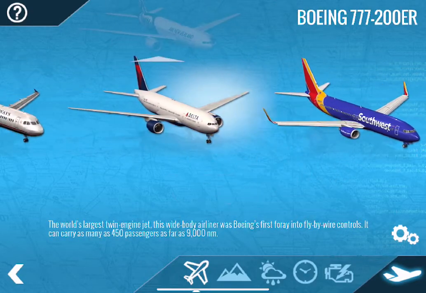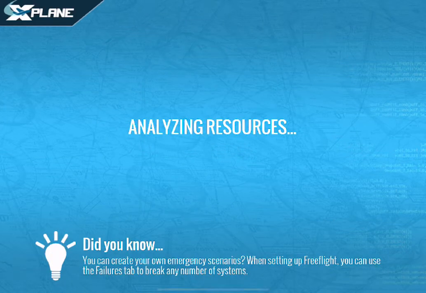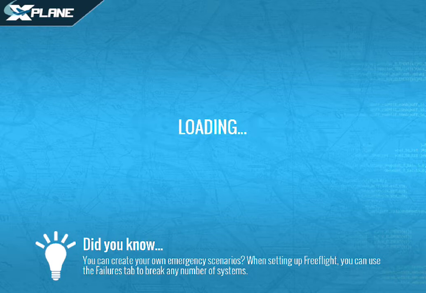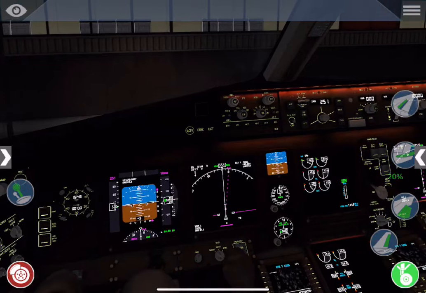You know, the 777's not much better, to be honest. I don't know if this is going to start me at 13,000 feet and dump me into a nosedive. And again, you can break things. Okay, so it didn't.